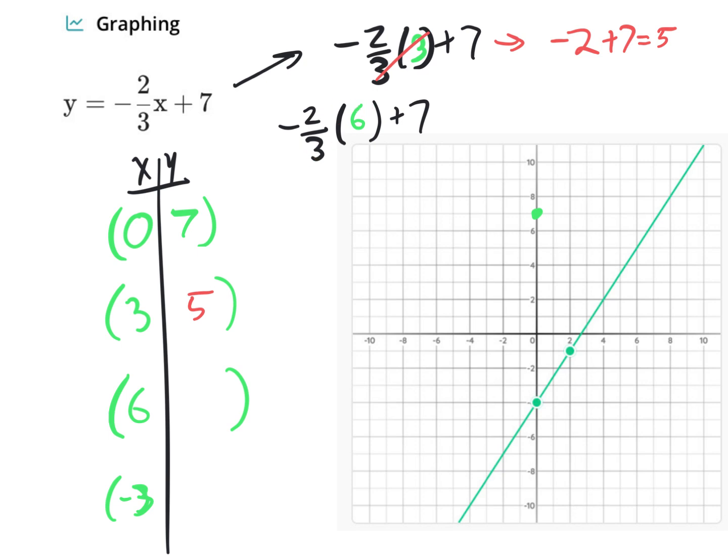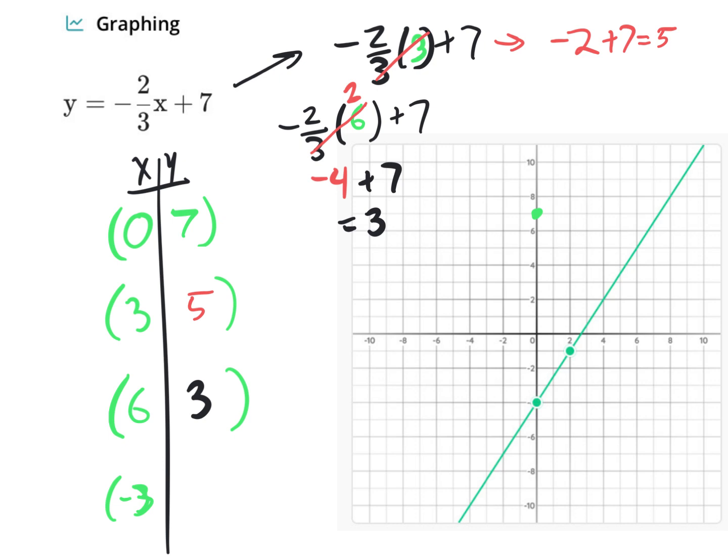Since I have a 6 and a 3, this time I'm going to just say 6 divided by 3 is 2. And then I could multiply negative 2 times 2. That'll be a negative 4. And of course, bring down this plus 7 right next to that minus 4. And negative 4 plus 7 is equal to 3. So when I do plug in a 6, I get out a 3.